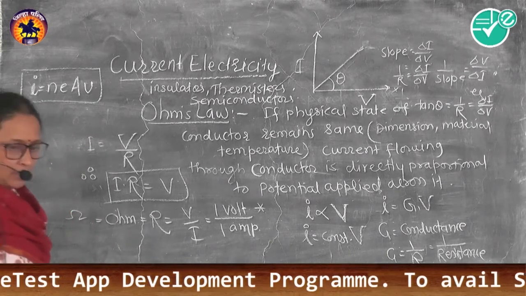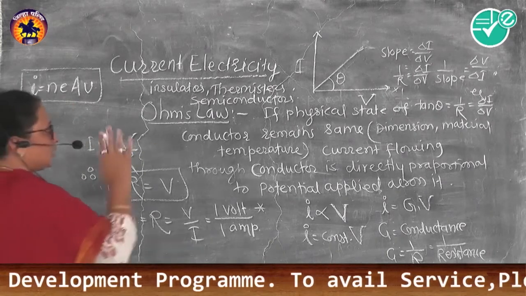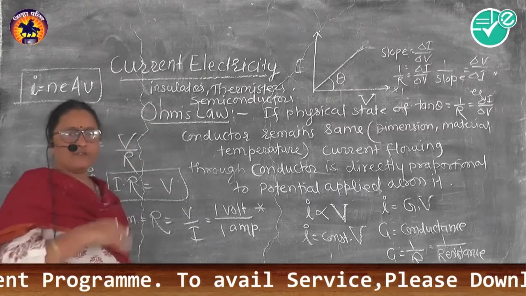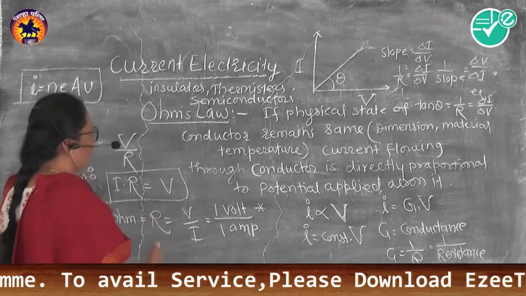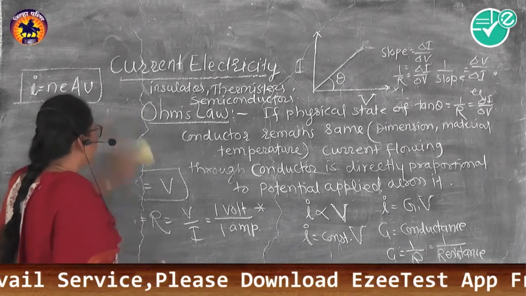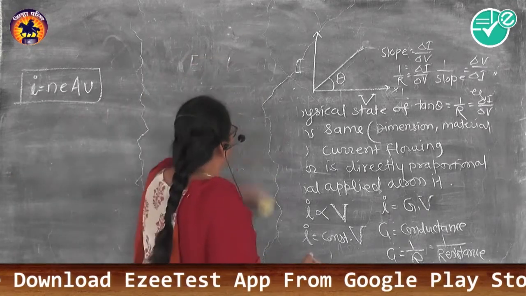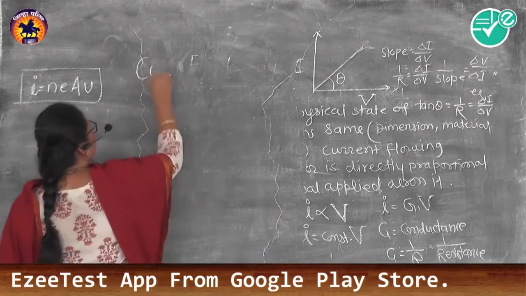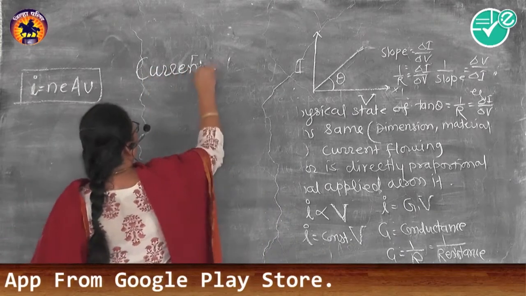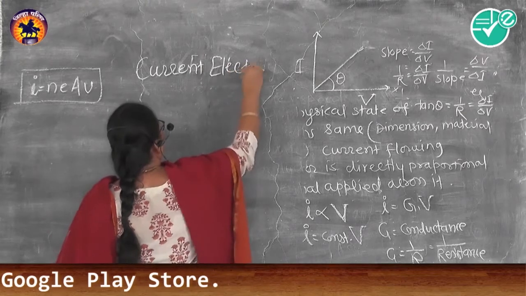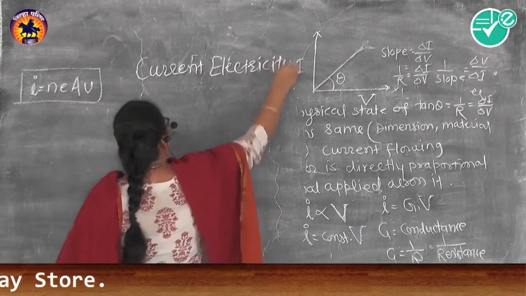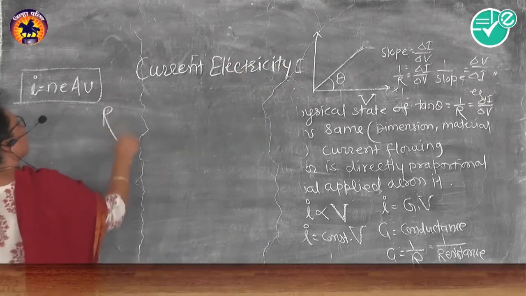Now we have to focus on an important physical quantity which arises from Ohm's law, and that is nothing but resistance. So let us focus on resistance.